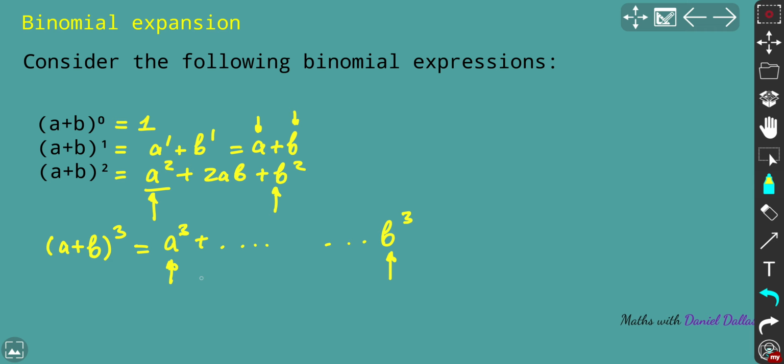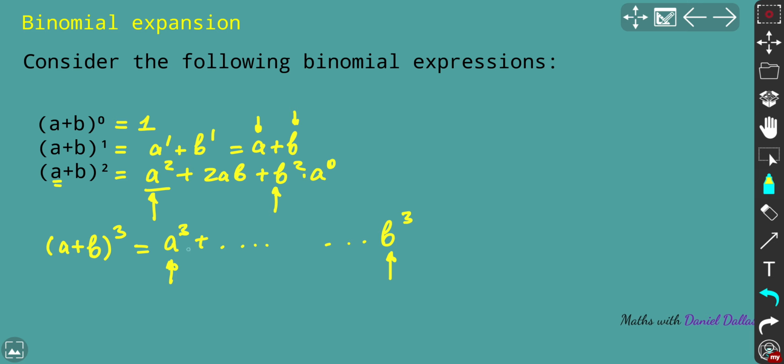What else you might notice about how the expansion formula works: you start from the maximum power for the first term in the binomial, which is a squared, and then you continuously decrease the power of the first term. Indeed, that was a squared, now it's a to the power 1, and finally before b squared we can assume it stays a to the power 0.